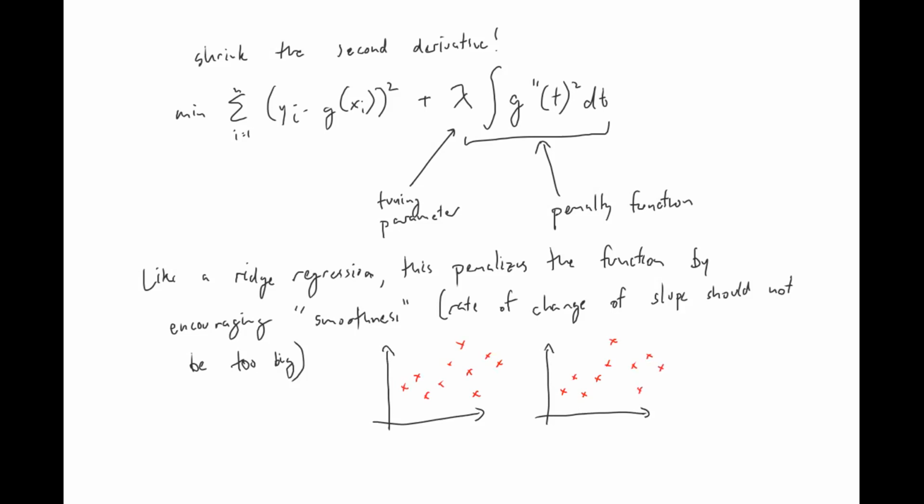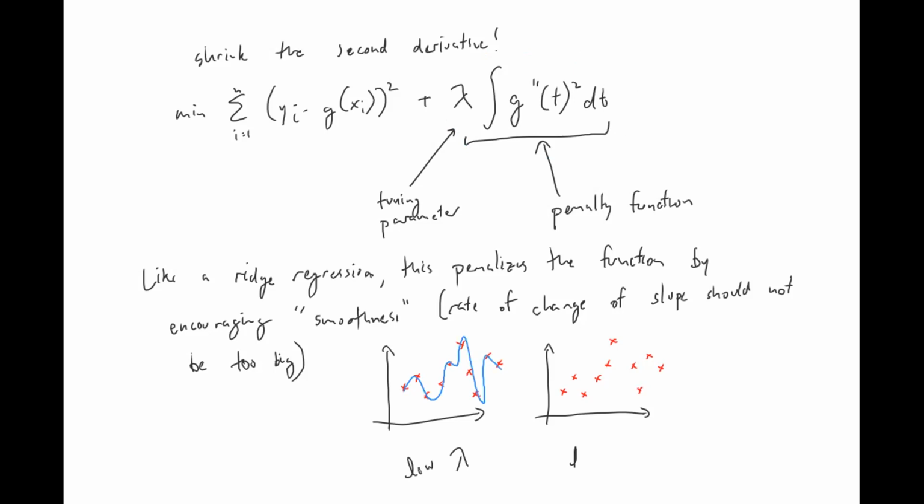So with a low lambda, if my lambda is equal to 0, then this term here goes away, and you are free to use all of those knots and go crazy wild, right? And so this function will do something like that.